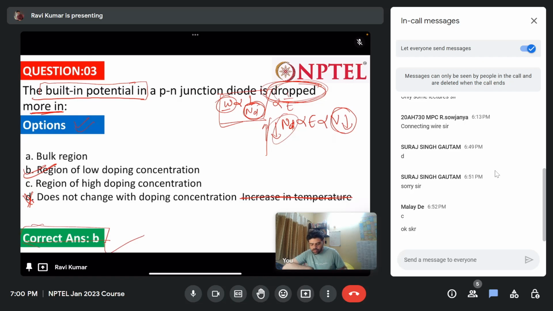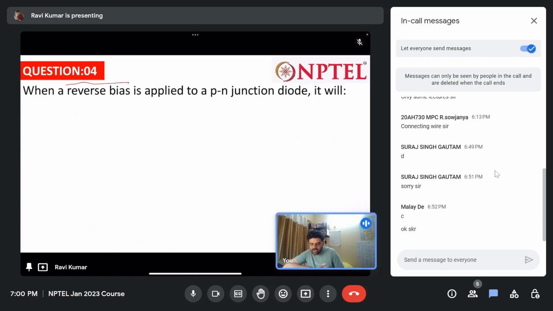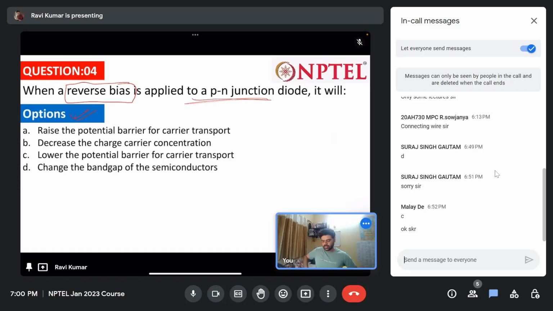So let's move to the next question, which is very easy. When a reverse bias is applied to a PN junction diode, it will... reverse bias. You have just seen the animations as well, and even from the second slide we have seen it. Does this reverse bias impact carrier concentration?